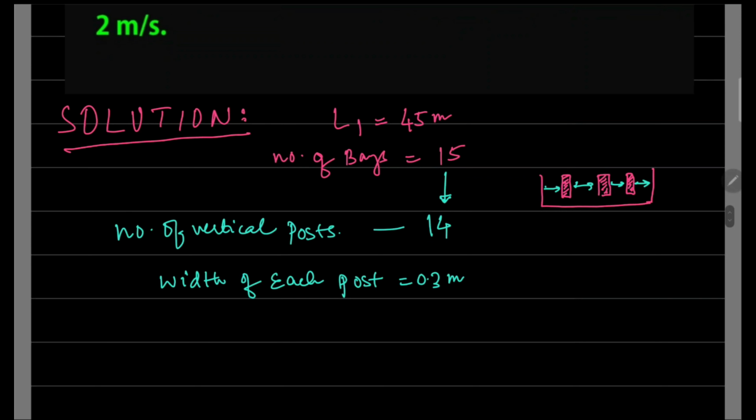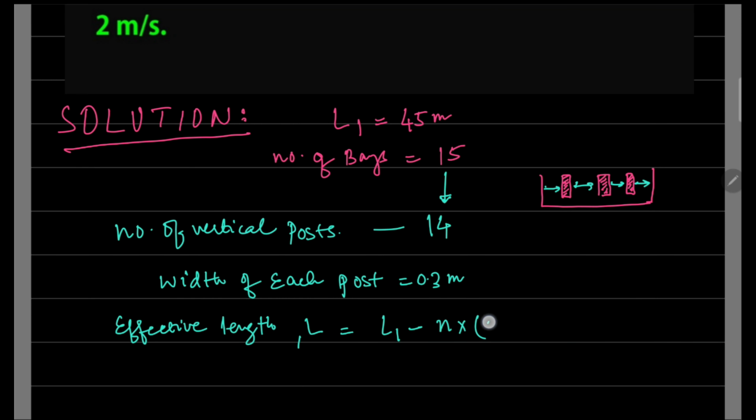Then the effective length of the weir, that is our L, will be equal to L1 minus n, the number of posts, multiplied by the width W of each post.